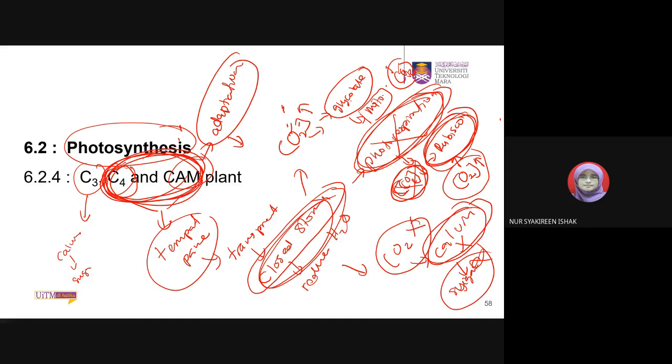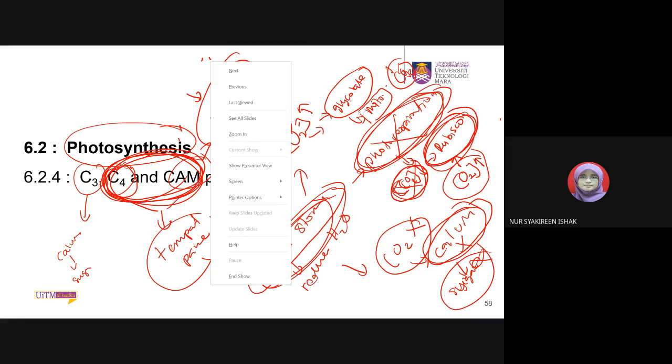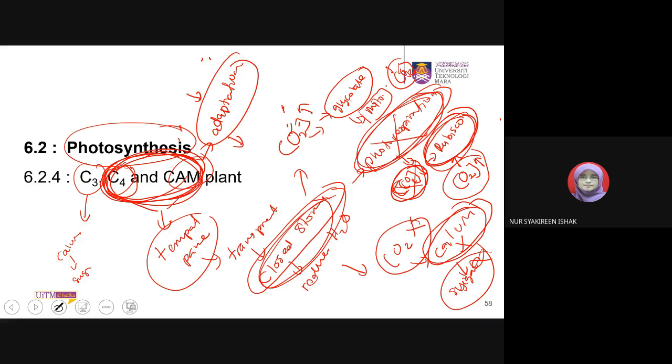Adaptation by C4 dengan CAM ni, dia akan ada satu lagi enzim, which is kita namakan dia sebagai PEP carboxylase. PEP carboxylase, dia punya ability adalah dia boleh combine dengan carbon dioxide instead of oxygen. Tadi kita tengok kan carbon dioxide concentration is low.